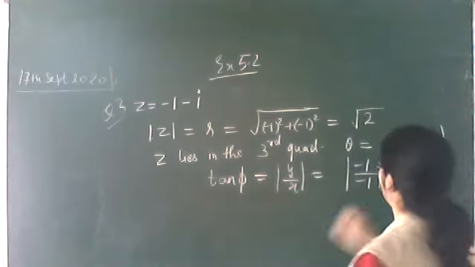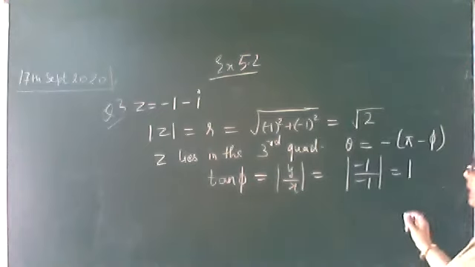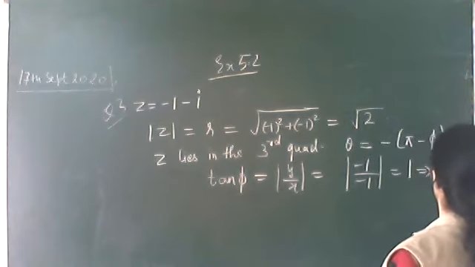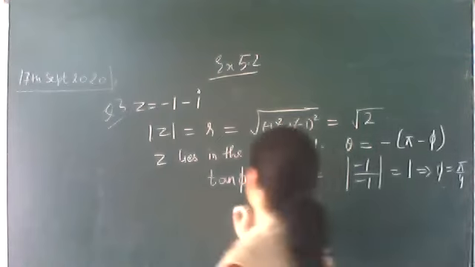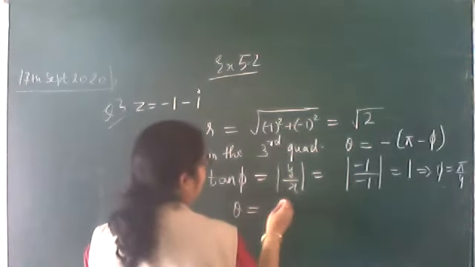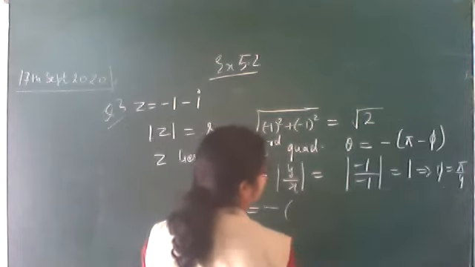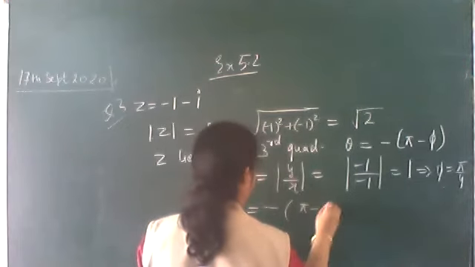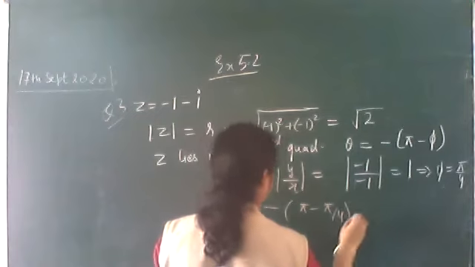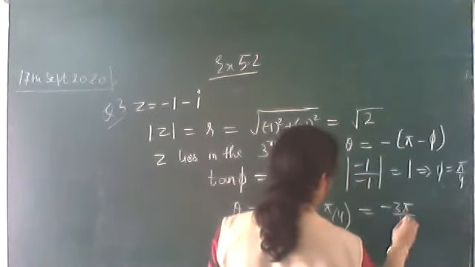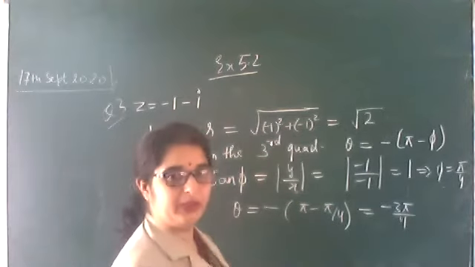Again it will be equal to 1 only. Now when tan phi is 1, phi is pi by 4. So theta will be equal to minus of pi minus pi by 4, that is equal to minus of 3 pi by 4.